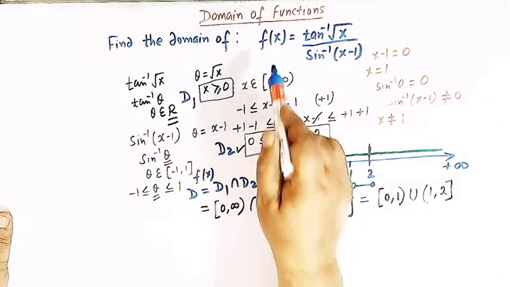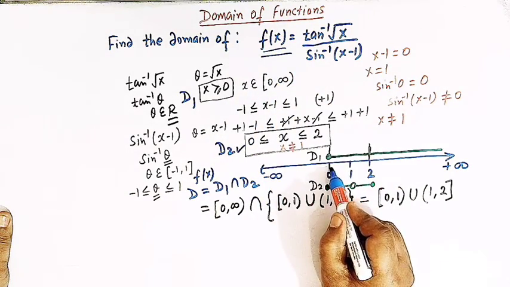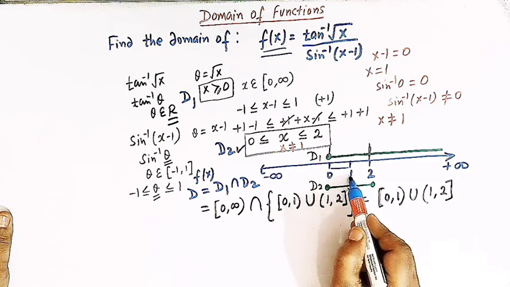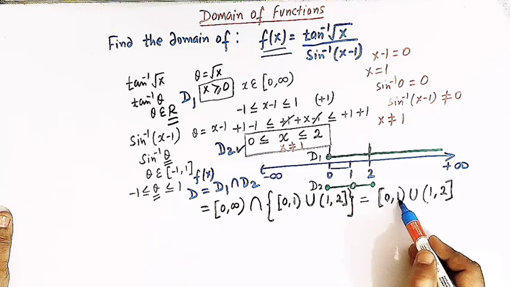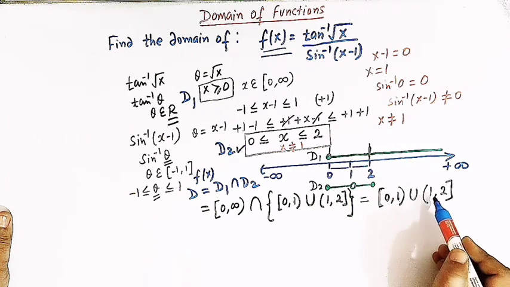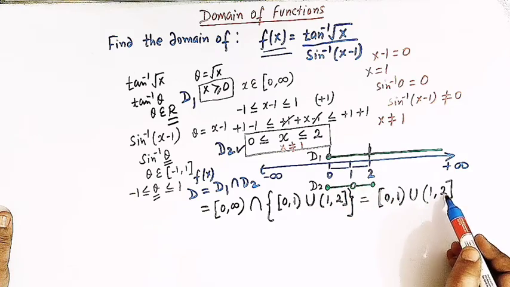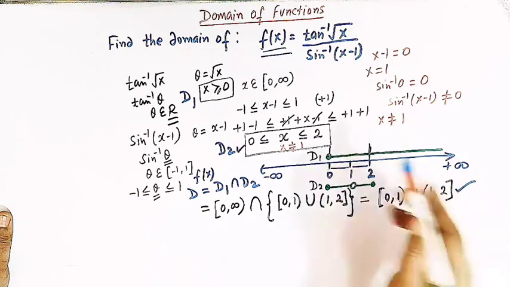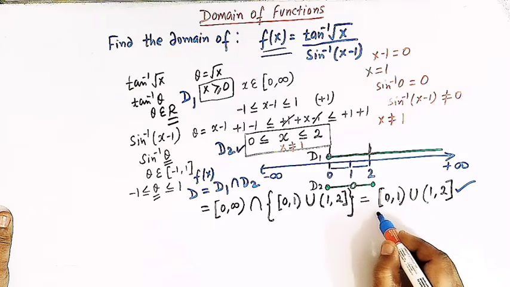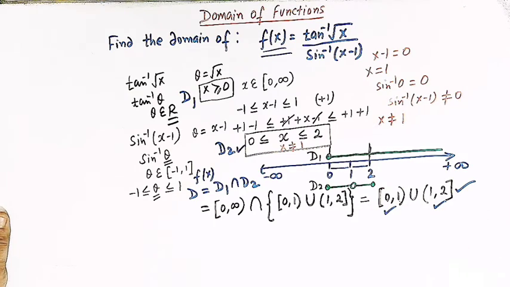So the domain of this function f of x is given by 0 to 1, 1 is not included, 0 is included, and then from 1 to 2, 1 is not included, and here 2 is included. So the domain of f of x is given by the union of these two intervals.